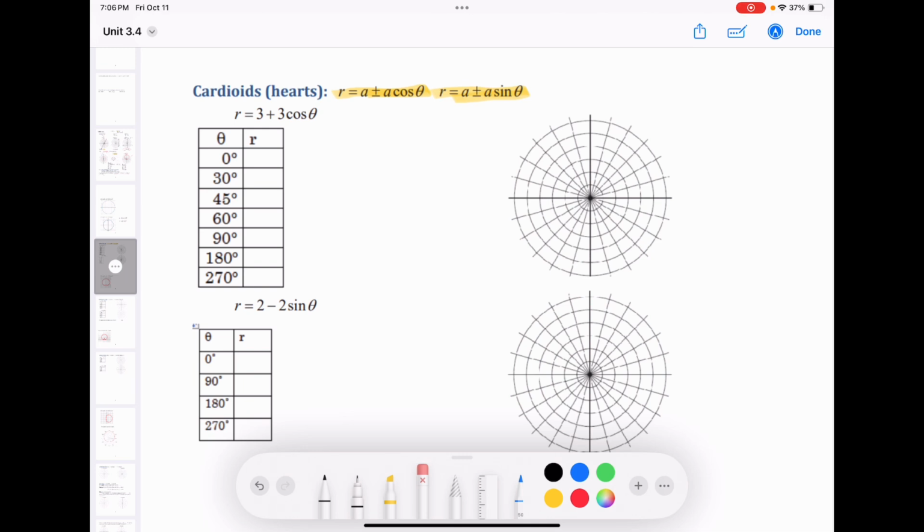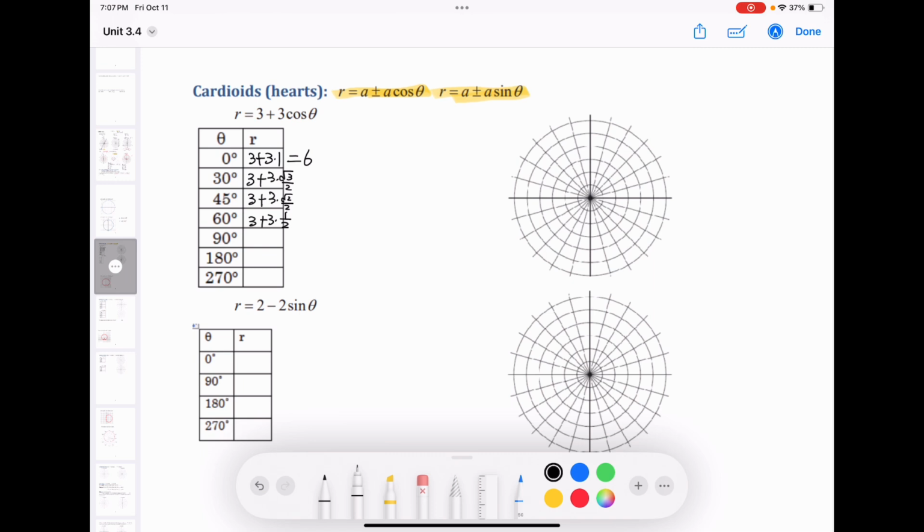If I don't know the rules, the only thing I can do is pick some points and find the r values. If theta is 0 degrees, we have 3 plus 3 times cosine 0, which is 1, so we have 6. Then 3 plus 3 times cosine 30, square root of 3 over 2. And 45 is 3 plus 3 times square root of 2 over 2. And 3 plus 3 times 1/2.